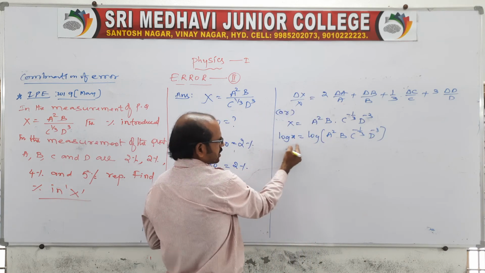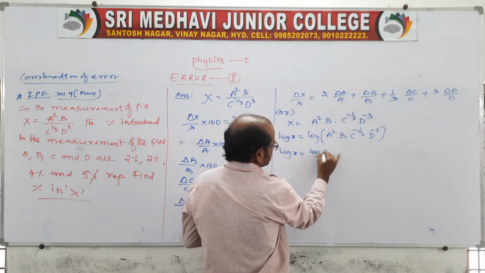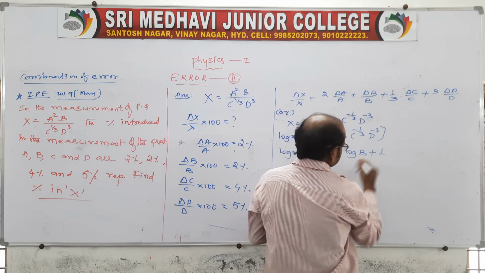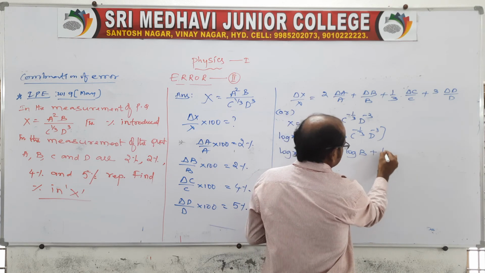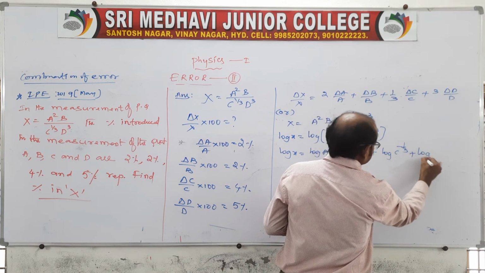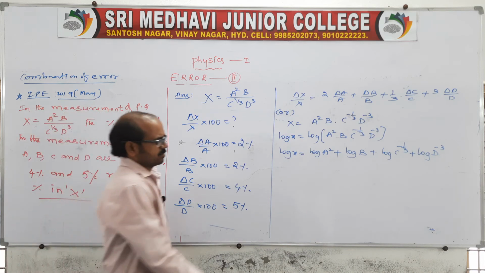So now you take logarithms: log x equals log a square plus log b plus log c power minus 1 by 3 plus log d power minus 3. It is a long method, that's what I am giving.